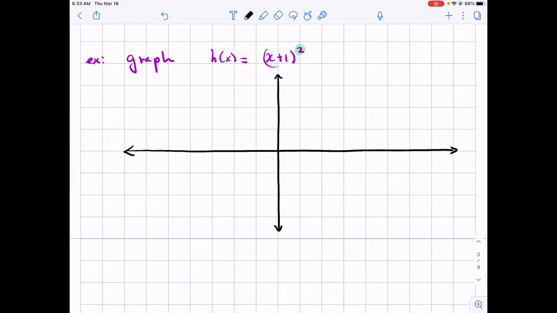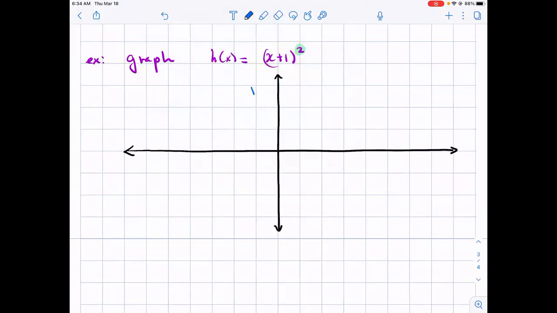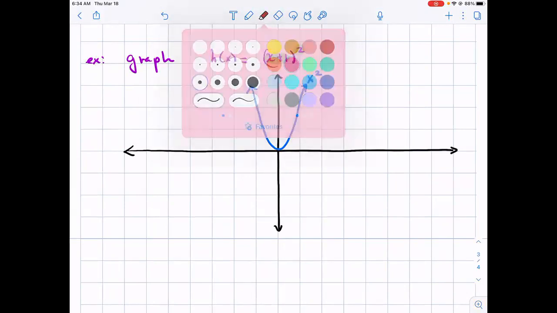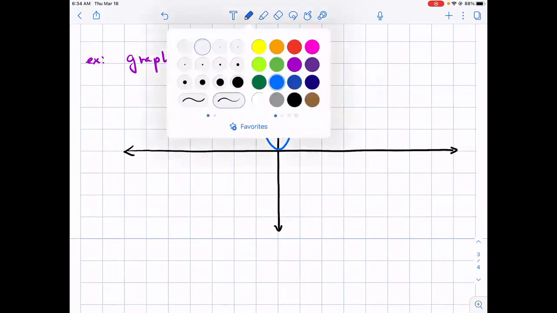You know that if you sketch the graph of x squared it would look like this. This is the graph of x squared. But if you have x plus 1 squared, what will happen is that when you sketch this graph, I'm going to put minus 1 all the way out here.